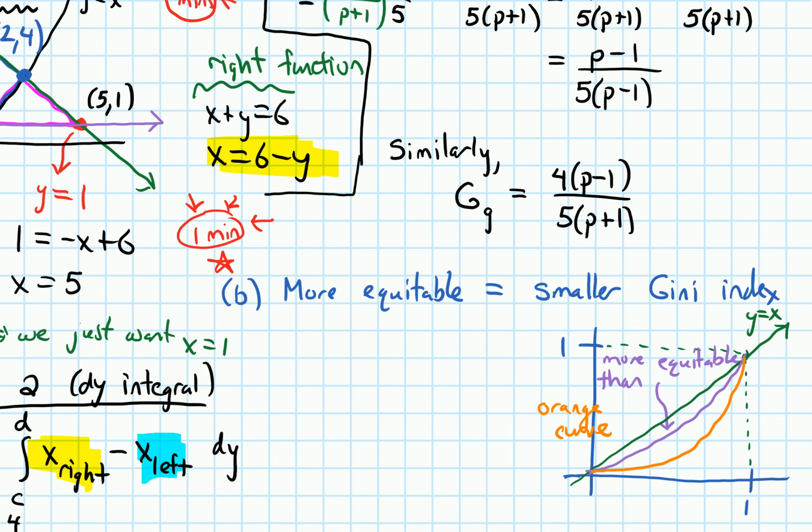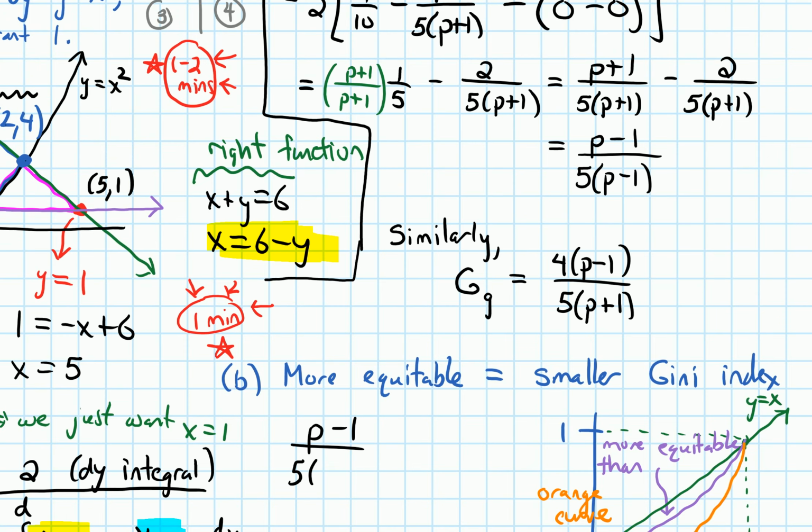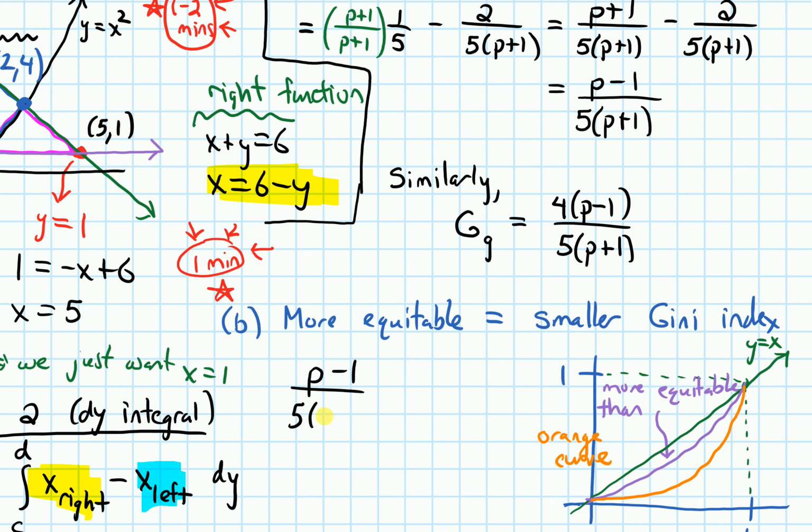Okay, so let's compare our two Gini indexes. One was, I guess I should say indices. One was p minus 1 over 5 times. And whoops, I think I miswrote something here. Maybe I just didn't copy down. But this one should have been p minus 1 all over 5 times p plus 1. All right, so good thing I caught that. So 5 times p plus 1.